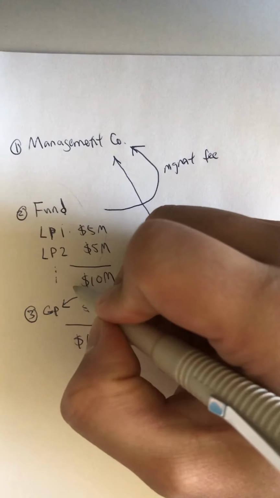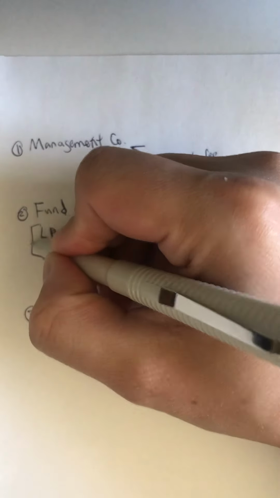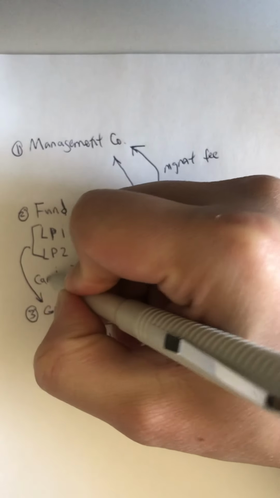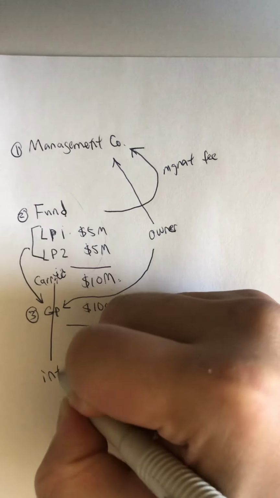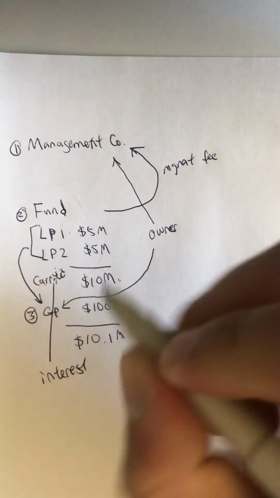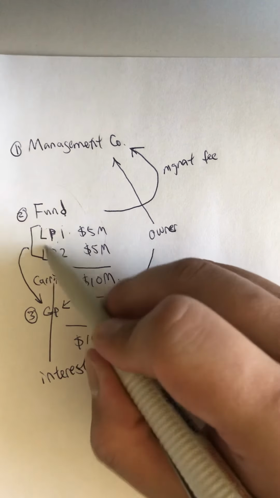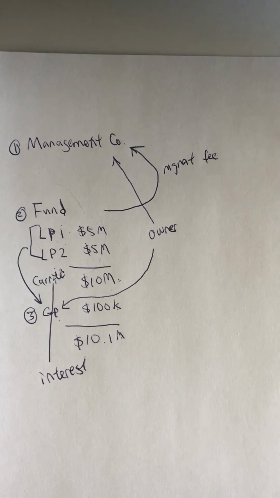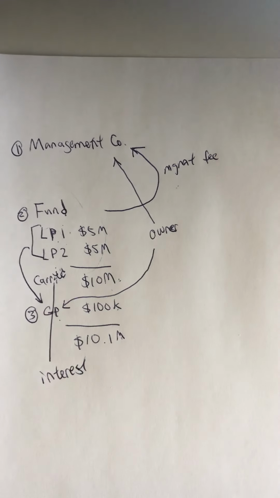So within the fund, the limited partners are going to pay what's called carried interest. Carried interest. The limited partners will pay the general partner carried interest. In our next video, we're going to talk about what a management fee and a carried interest are in more detail.